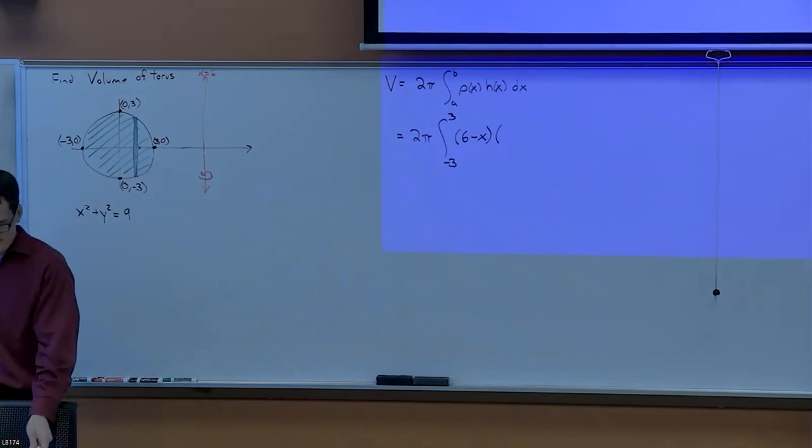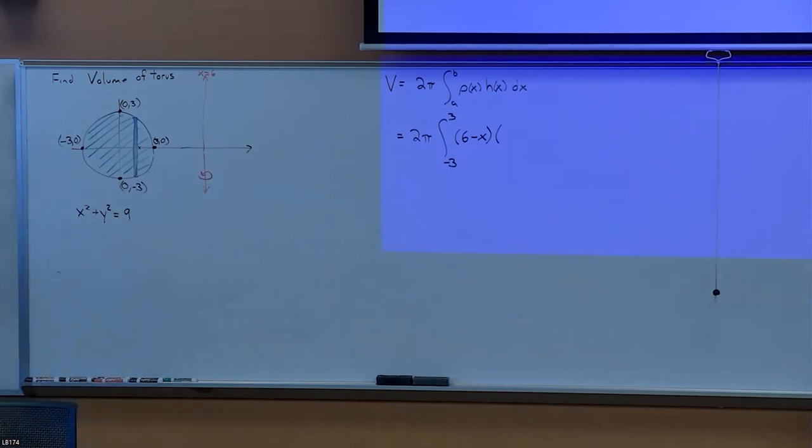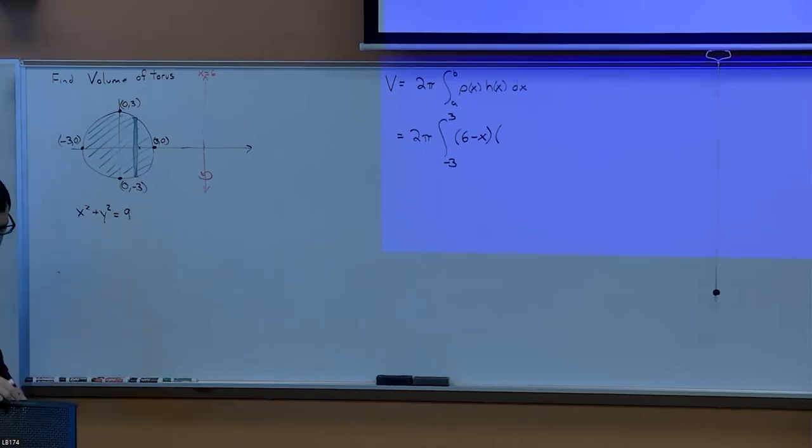Now, the last piece is going to be the hardest piece, and that's figuring out the top and bottom of one of these Riemann rectangles, which is the height of the cylinder that we're creating. I need to solve this to get y equals. So the first thing I'm going to do is subtract x squared from both sides.